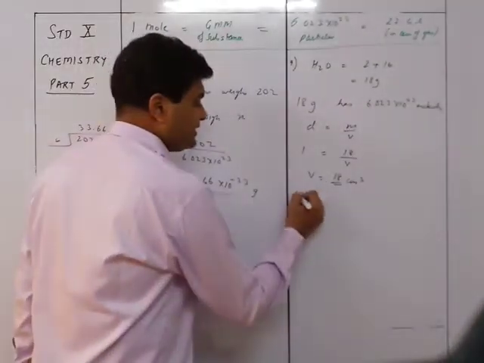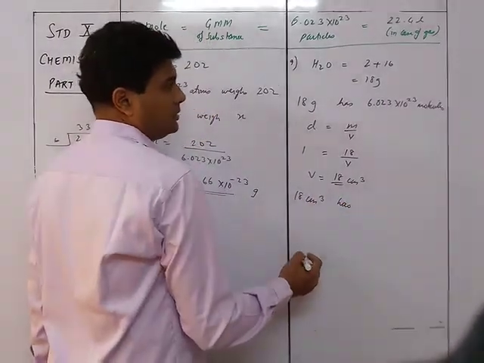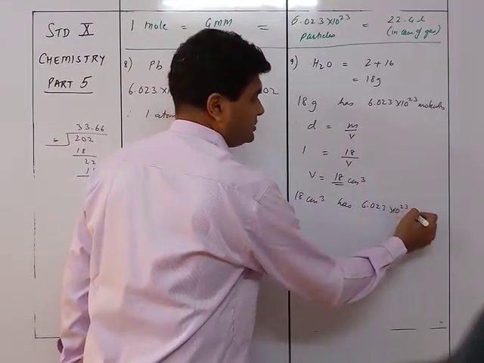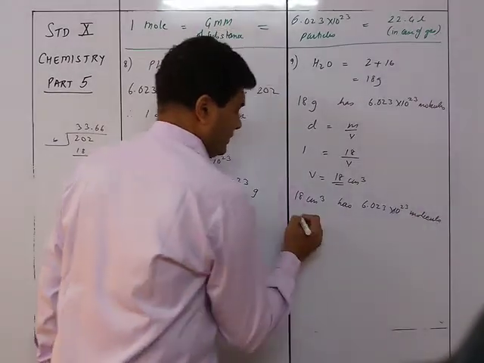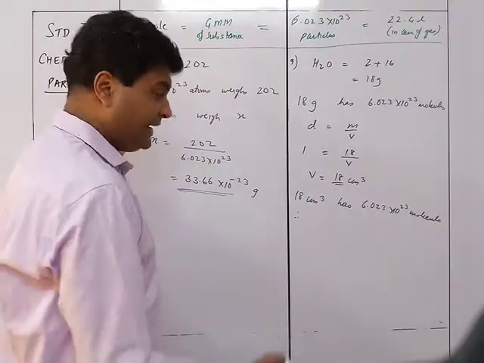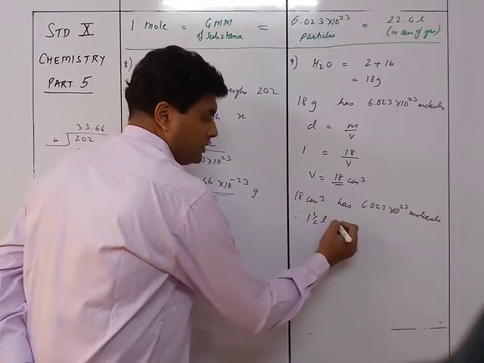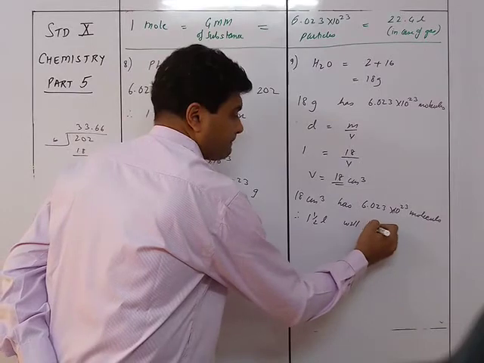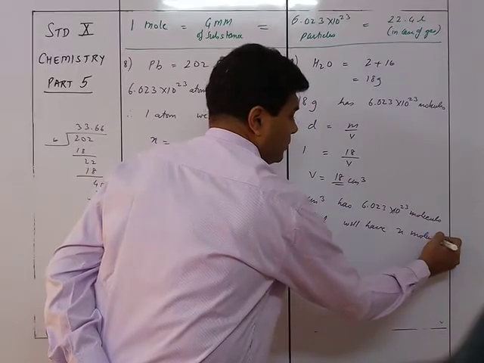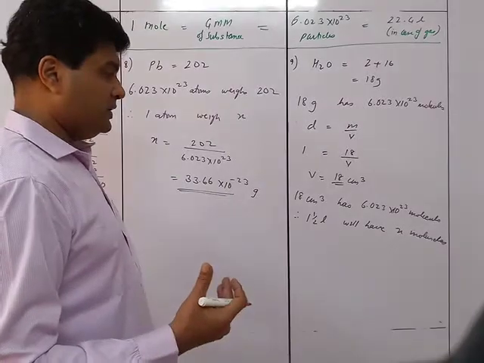So we know that 18 centimeter cube has 6.023 into 10 raised to 23 molecules. Therefore, what we now want is 1.5 liter. 1.5 liter will have X molecules. Now, we'll have to convert this into cc.